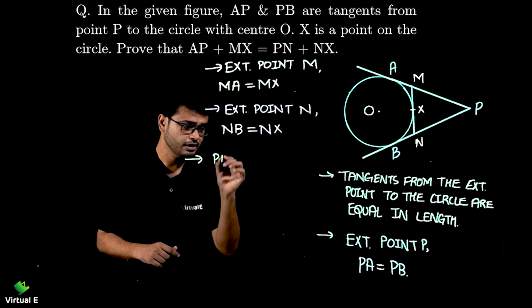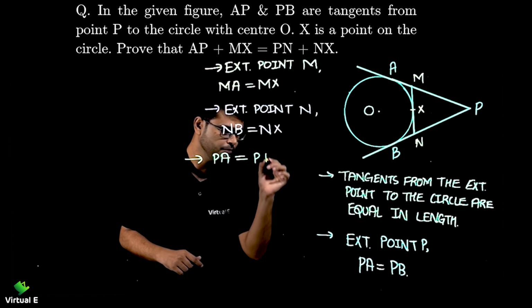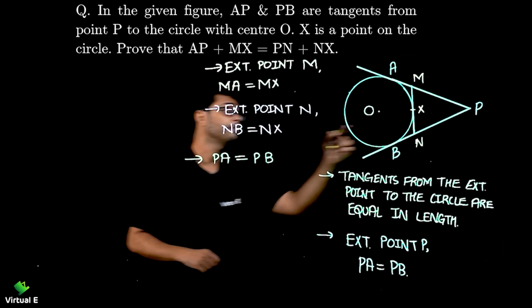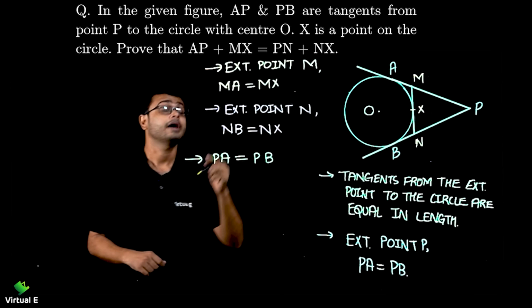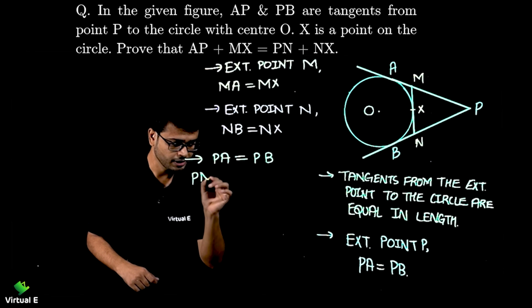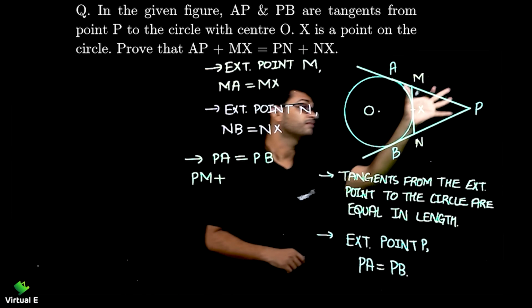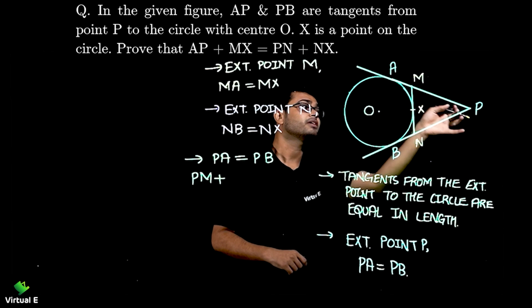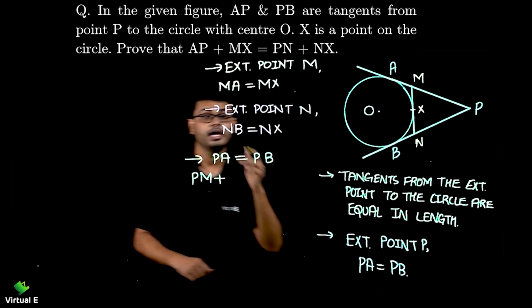So PA is equal to PB. PA, I can write as PM plus, if this is PM, then the length of the rest for PA is MA.